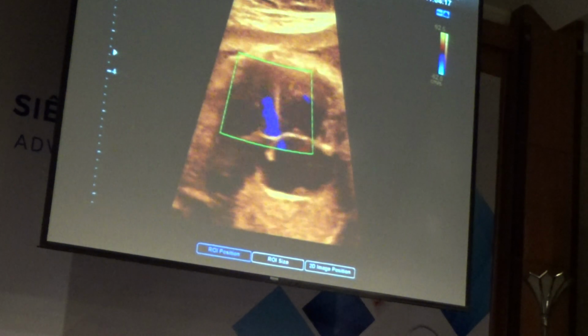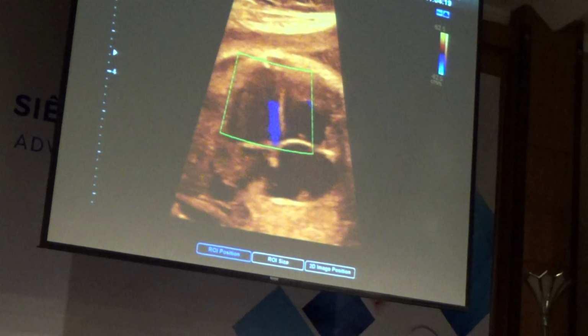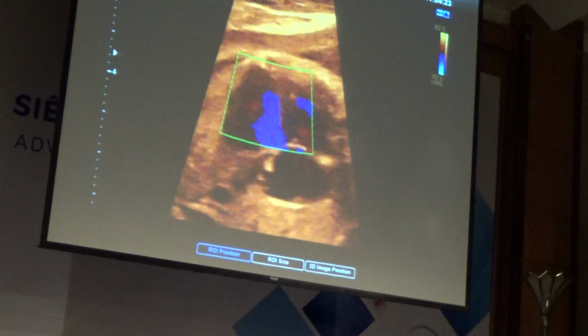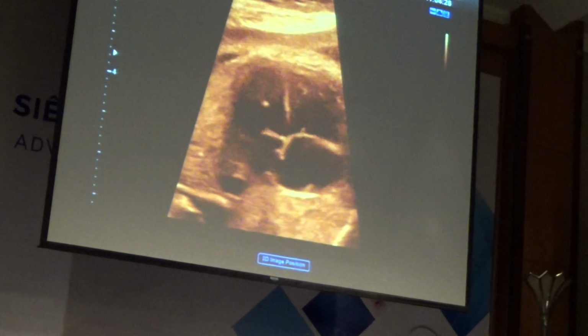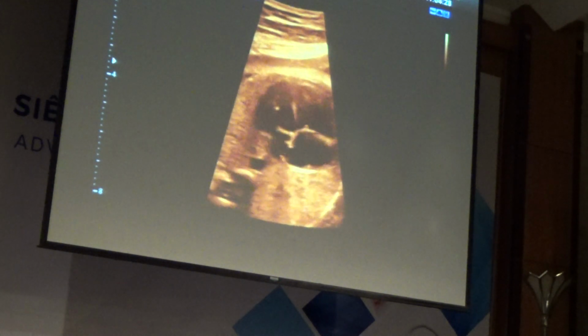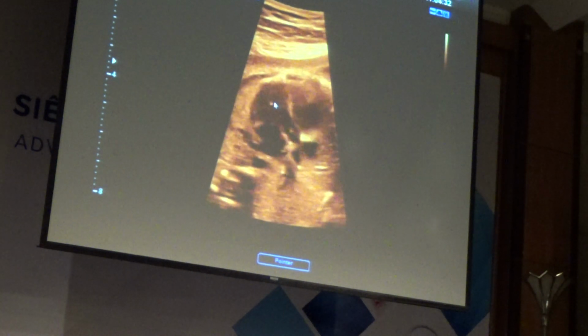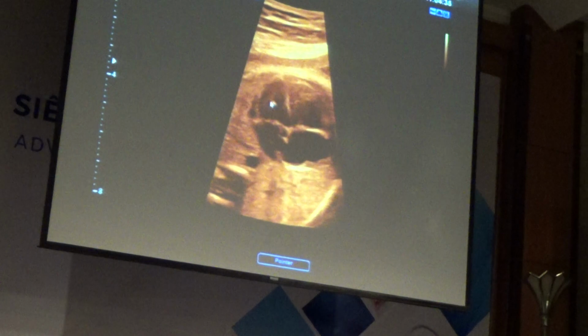And this is not the view to look for ventricular septal defect in the septum. So now you can see that there's an echogenic focus. It's very common.